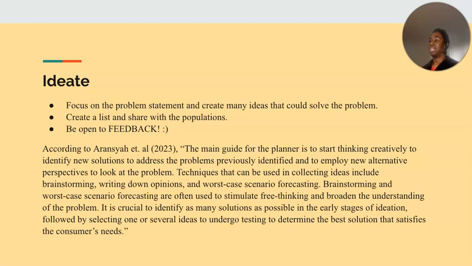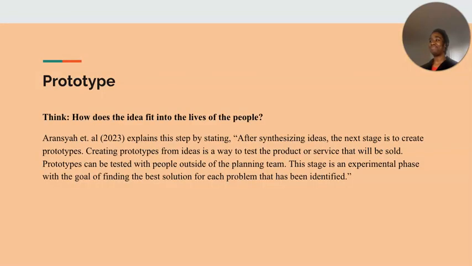Brainstorming and worst-case scenario forecasting are often used to stimulate free thinking and broaden the understanding of the problem. It is crucial to identify as many solutions as possible in the early stages of ideation, followed by selecting one or several ideas to undergo testing and determine the best solution that satisfies the customer's needs. So, as many ideas as possible.